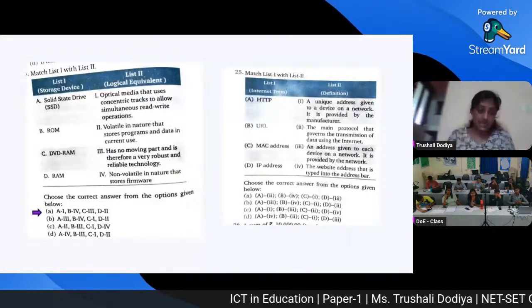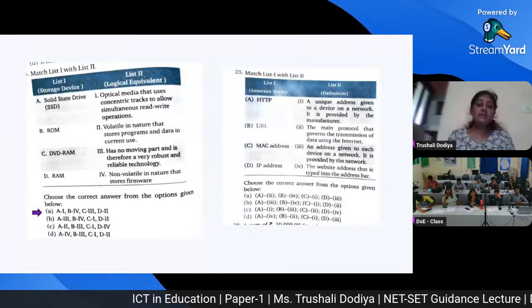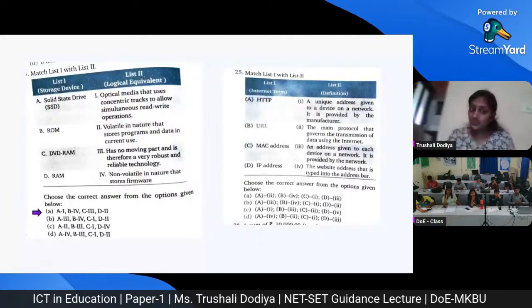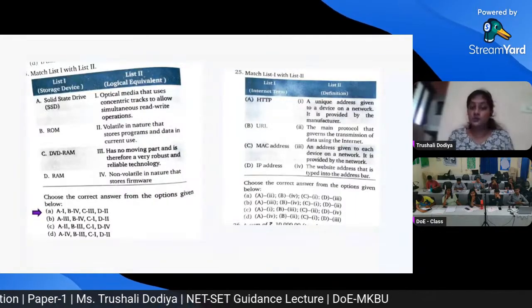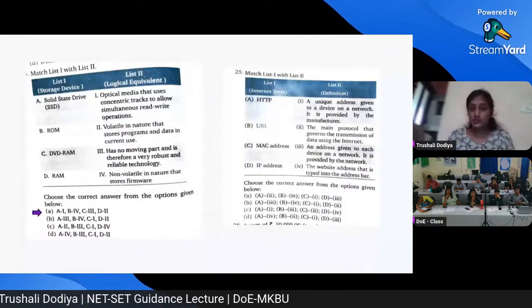And there is RAM, random access memory, which is volatile, inbuilt in the computer, and stores programs and data in current use.